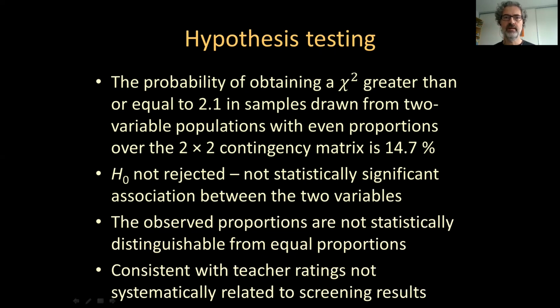So sampling randomly from a population with two variables that were just unrelated could have produced a result like the one we observed. And the relevant conclusion for our study is that teacher ratings are not systematically related to screening results. It's consistent with the possibility that teacher ratings were not related to the results of the clinical evaluation.